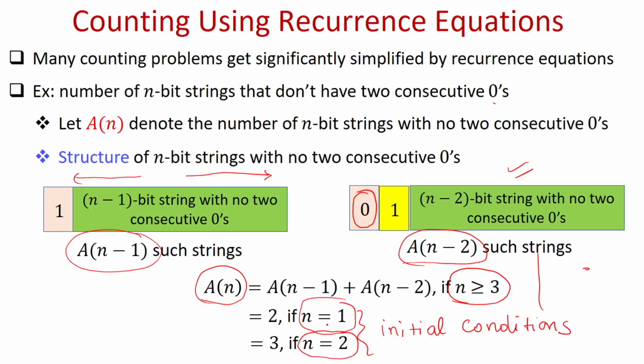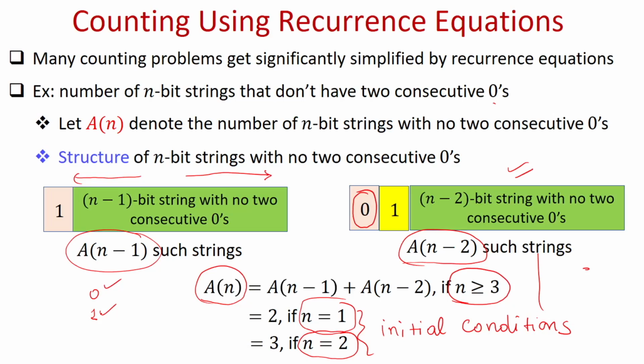If n is equal to 1, then the number of bit strings of length 1 which do not have an occurrence of two consecutive zeros is 2, because both the string 0 as well as the string 1 will be considered valid. There is no occurrence of consecutive zeros in either string.